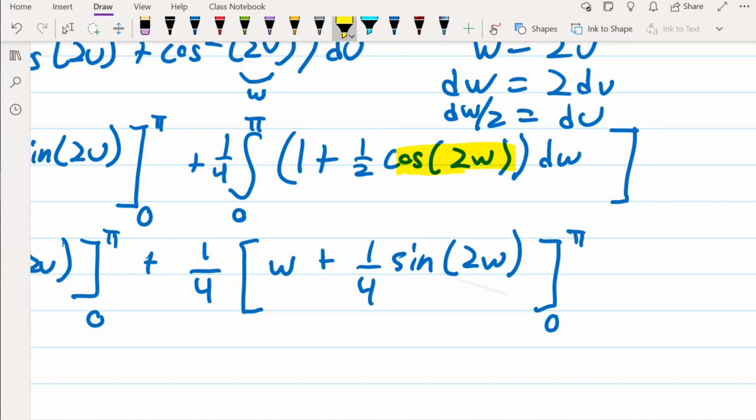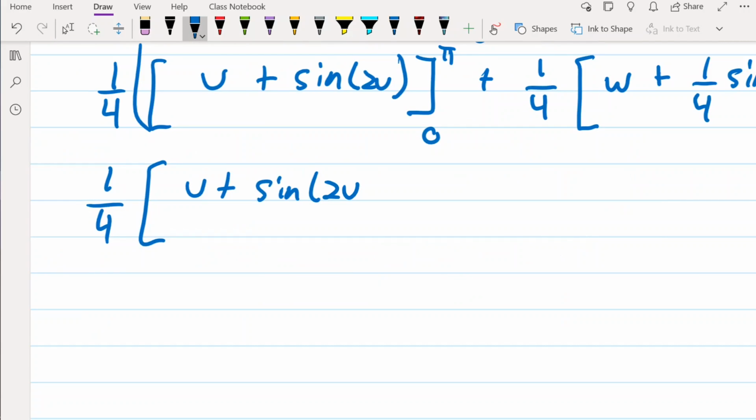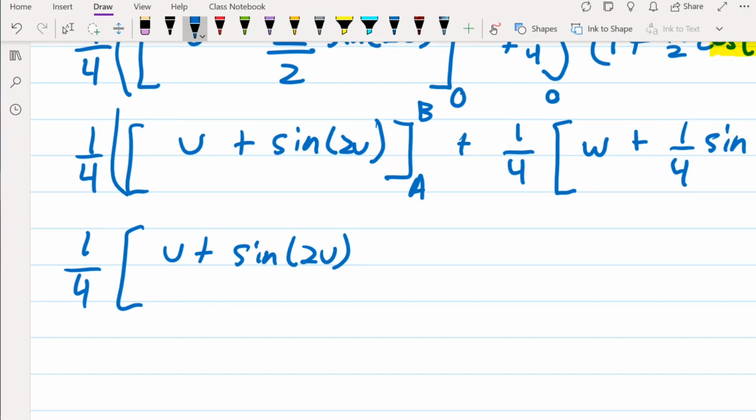So I guess it's everything in terms of u. Oh, I just realized my bounds are going to be off. So it should be beta and alpha. And then these are definitely off.